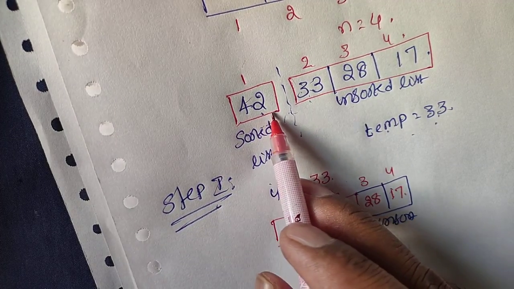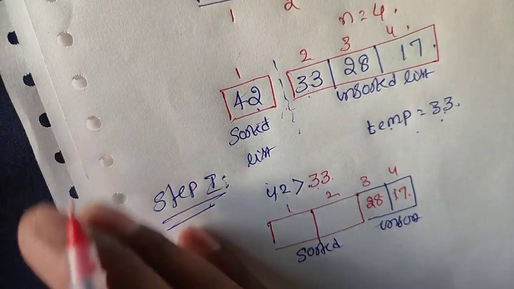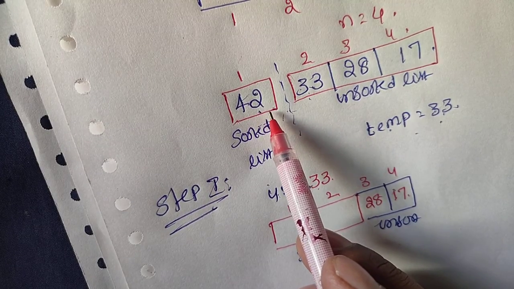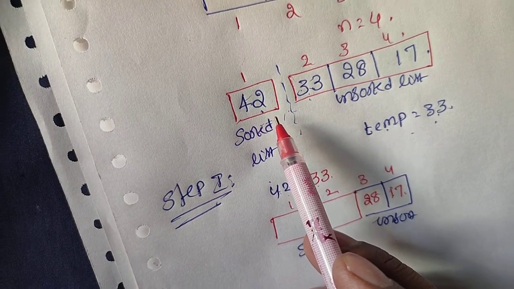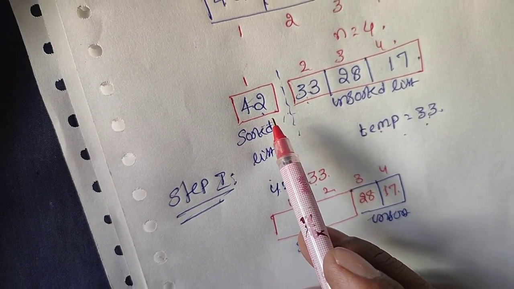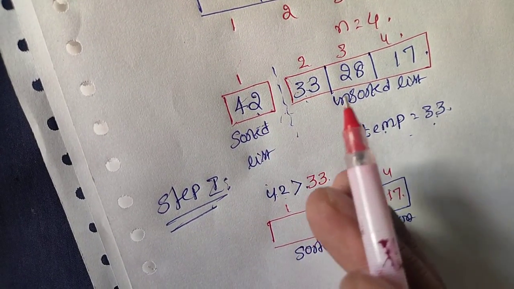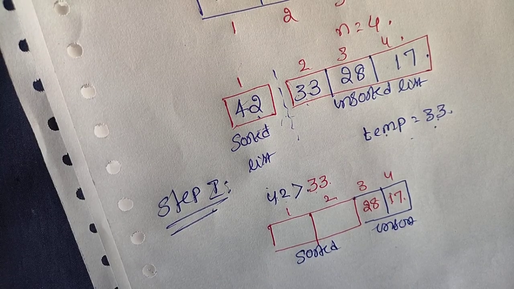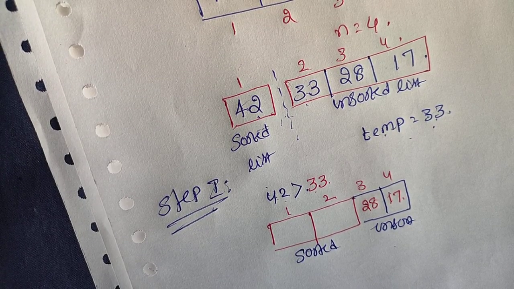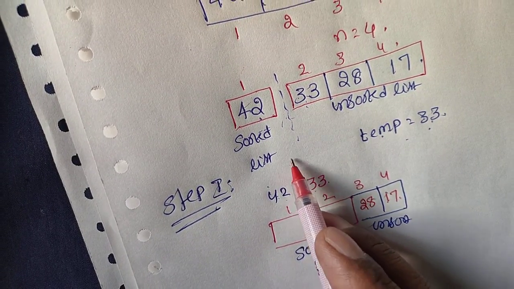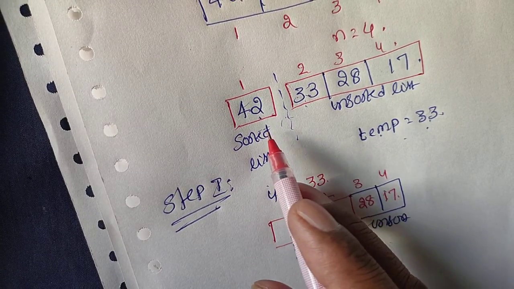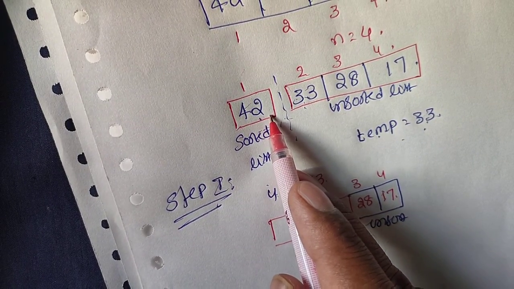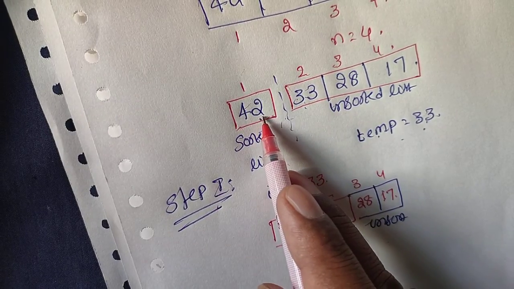We check the sorted list from right to left. What is the right value? There is only one value, so we don't need to know the difference between right and left yet. In the next step it will be easy to see why we go from right to left in the sorted list. Here there is only one element.